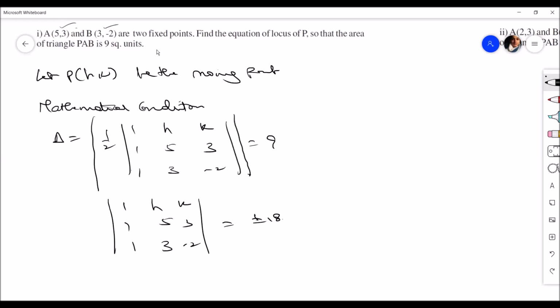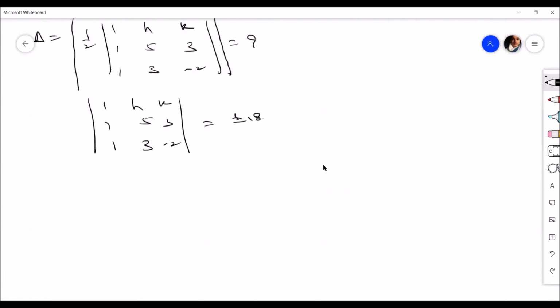That modulus is converting itself into plus or minus, and of course 2 got cross multiplied. The rest is just expanding the determinant. You may want to do it using the properties, or you can also directly expand it. So 1 times minus 10 minus 9, minus h times minus 2 minus 3, plus k times 3 minus 5 is equal to plus or minus 18.